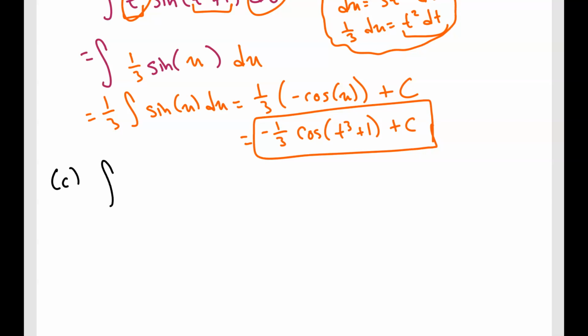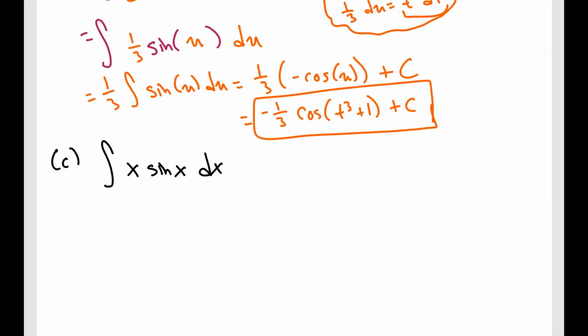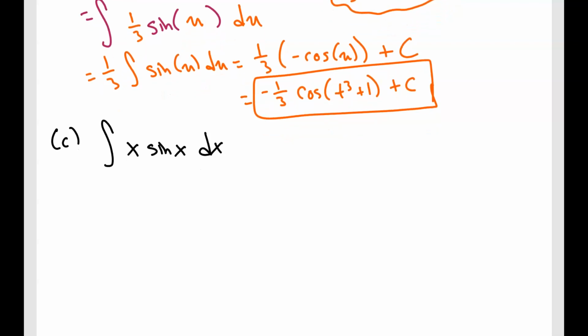Let's say you want to do the integral of x sine x dx. In this case, notice that a u-sub is not going to work because the inside function is not the derivative of the outside thing. So in this case, integration by parts is probably what you want to do. We're going to set up our u, du, dv, and v.